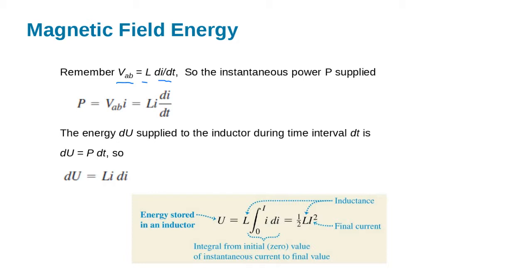At any particular instant of time, the power supplied, P, will be the voltage across the inductor at that instant, which will be changing, multiplied by the current going through it. So the power is going to be the inductance times the current times the rate of change of current.